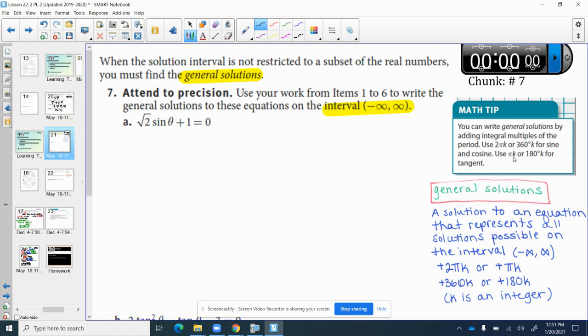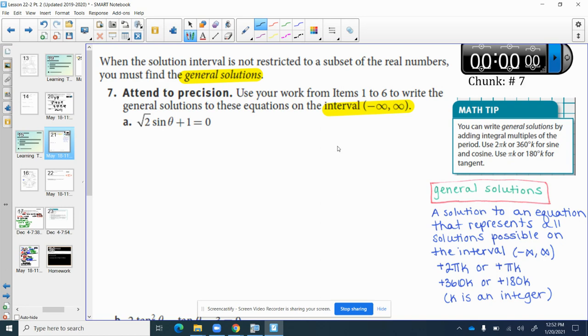Sometimes you will use pi k or 180k for tangent, especially because it repeats every other quadrant, or in special case situations, you might use it with cosine and sine, depending on if it's repeating more often or not. Let's say if it's like a plus or minus idea. Okay, so again, k is just an integer value to show us that. And a lot of times you use just a plus sign, since k can be negative. I sometimes like to write plus or minus.